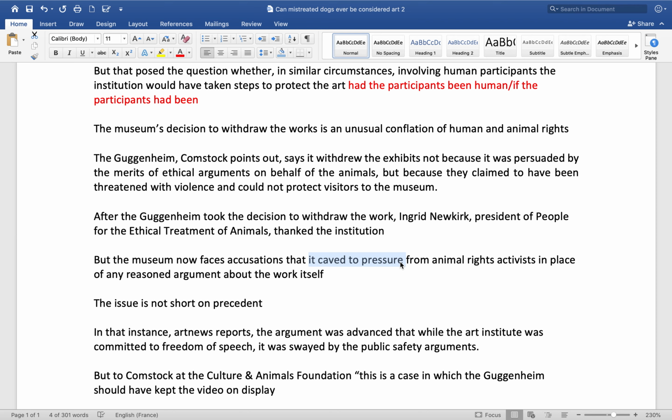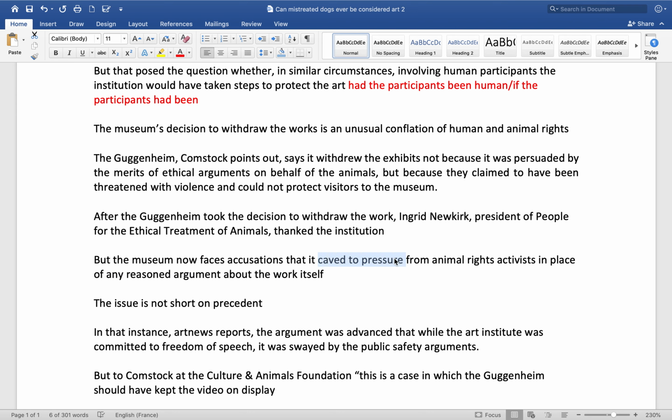To cave to pressure means to give in, like you stop fighting the pressure. You just cave to pressure. It means you accept it. You say, okay, fine, I've got pressure. I'm removing those exhibits from the exhibition. But the decision of removing those exhibits is actually the reason why the museum is blamed, because the only reason why they removed it is not so much because they thought that in terms of ethics or in terms of art, it was not justified.